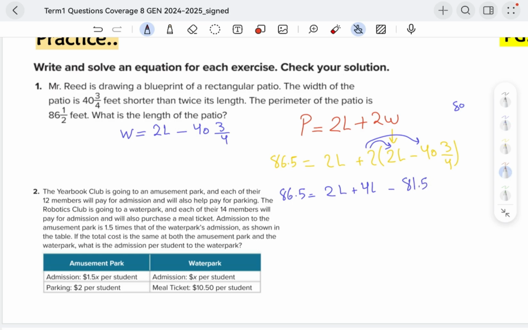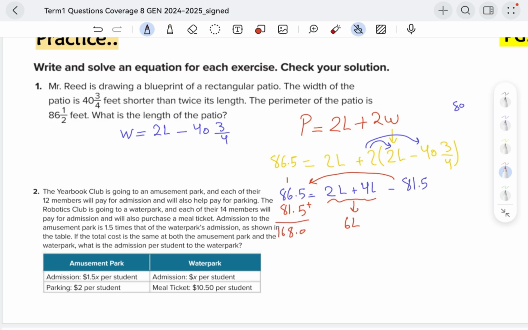Now the next step is to simplify. 2L plus 4L, this is equal to 6L. I will move the negative 81.5 to the other side. It will be positive. So we're gonna add this here. Half plus half is 1. 6 plus 1 is 7. 7 plus 1 is 8. 8 plus 8 is 16.